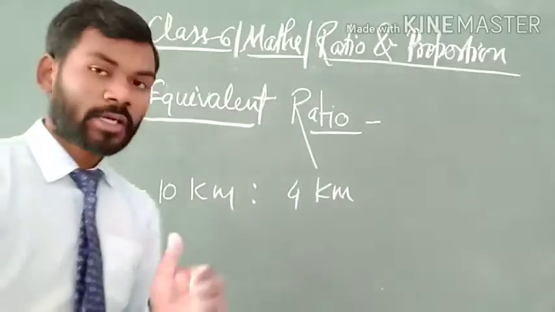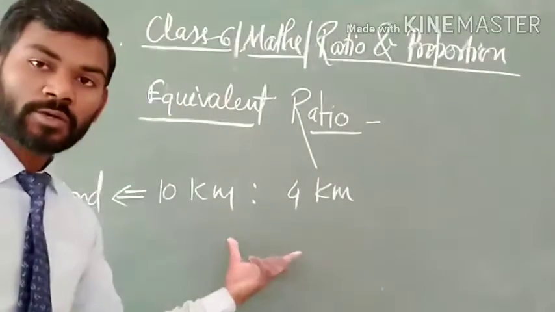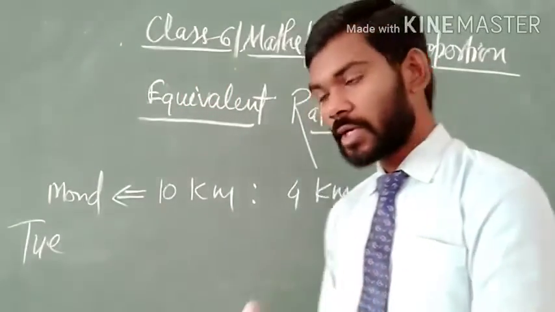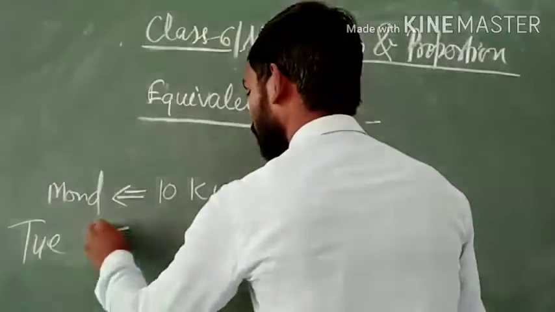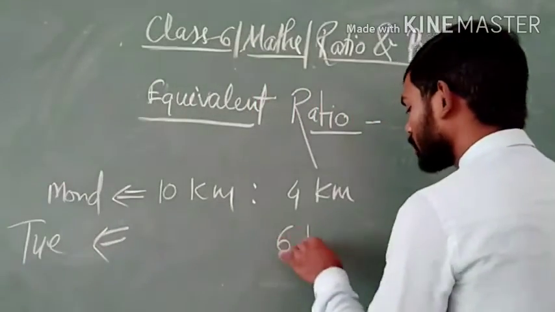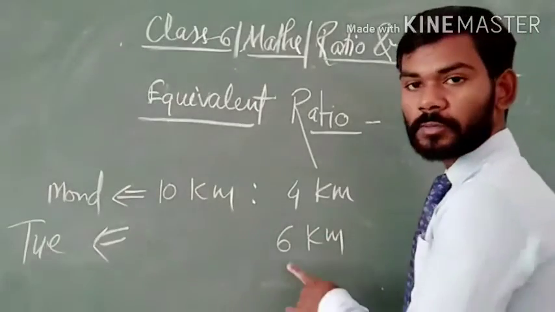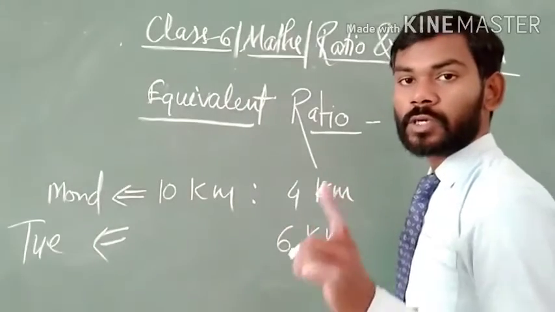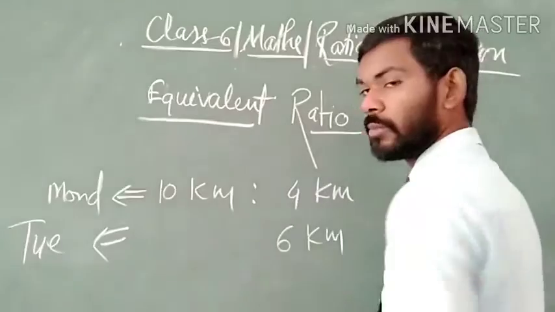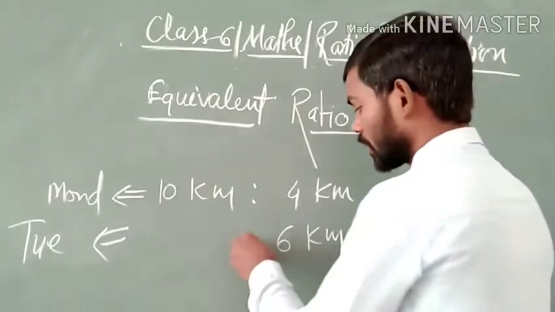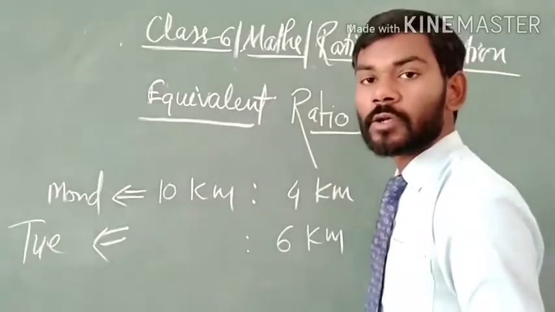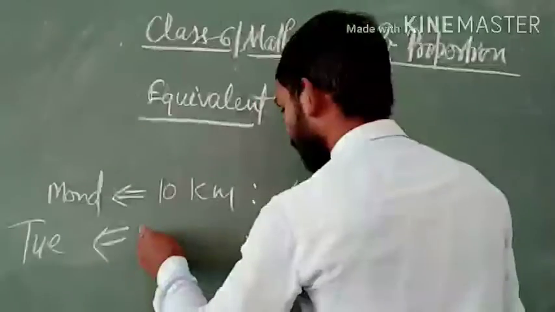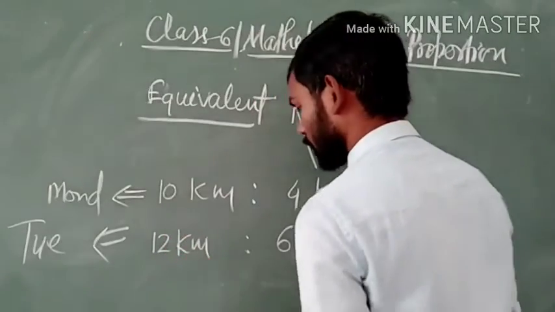Then I will say that in order to keep our ratio constant, I also have to run 2 kilometers more. So if on Tuesday you run 6 kilometers, which shows that you run 2 kilometers more in comparison to Monday, then it is obvious that I also have to run 2 kilometers more, and then I will run 12 kilometers.